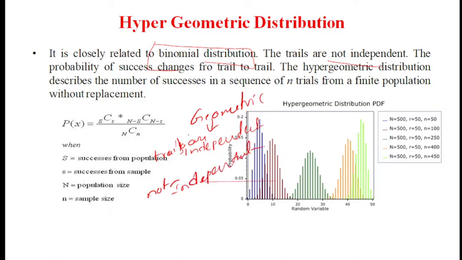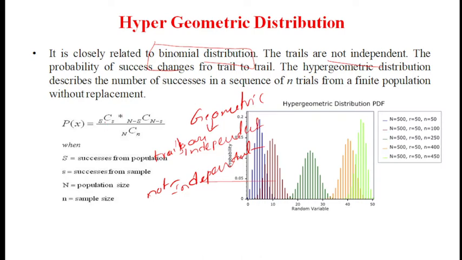The probability of success changes from trial to trial. The hypergeometric distribution describes the number of successes in a sequence of n trials from a finite population without any replacement. What would be the formula for this hypergeometric distribution?